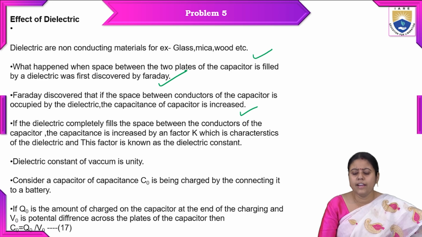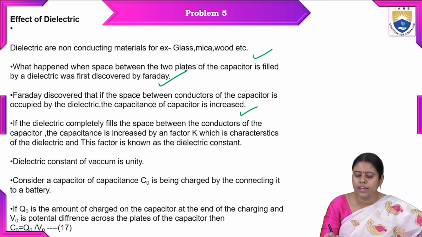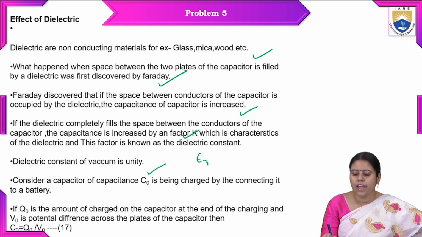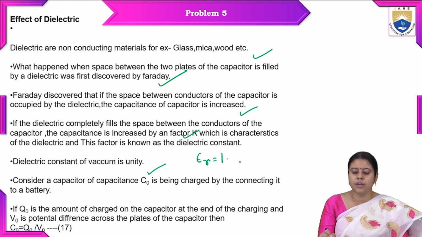If the dielectric completely fills the space between the conductors of the capacitor, the capacitance is increased by a factor K, which is the characteristic of the dielectric. The dielectric constant for vacuum is unity. Actually, relative permittivity is unity.